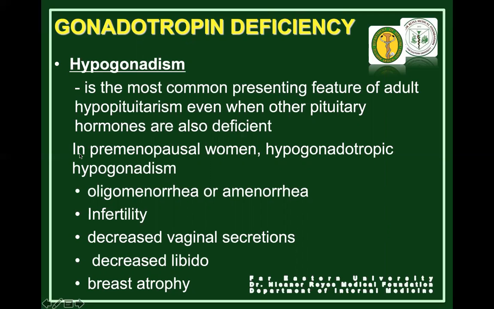In premenopausal women, hypogonadotropic hypogonadism will usually present with oligomenorrhea and amenorrhea. And this in turn can cause infertility, decreased vaginal secretion, decreased libido, and breast atrophy in females.